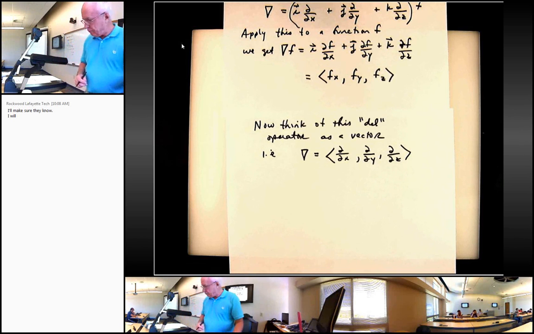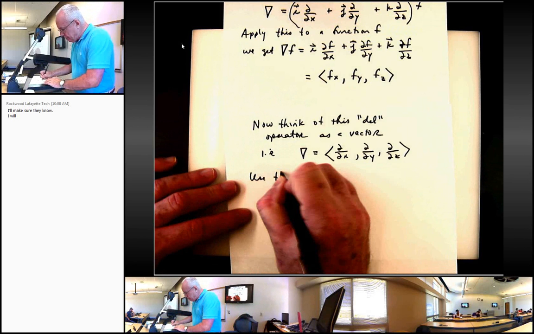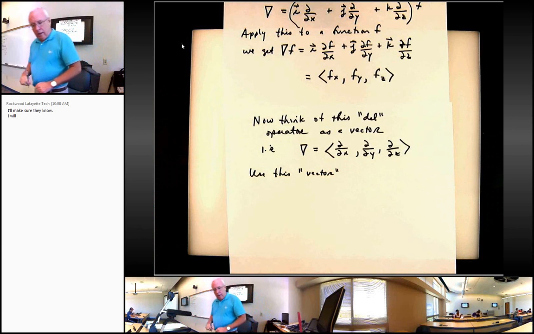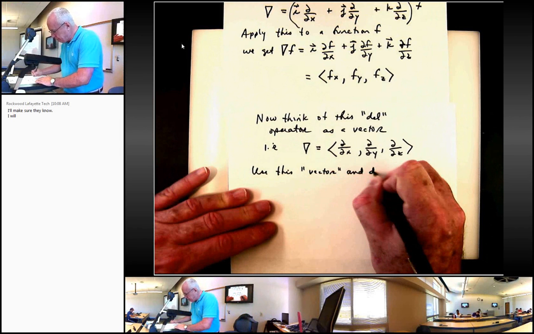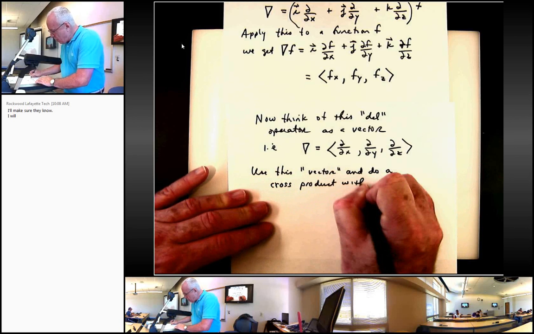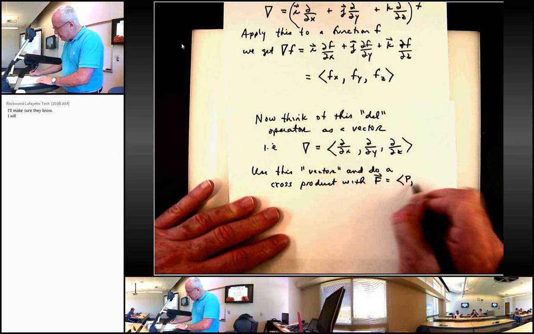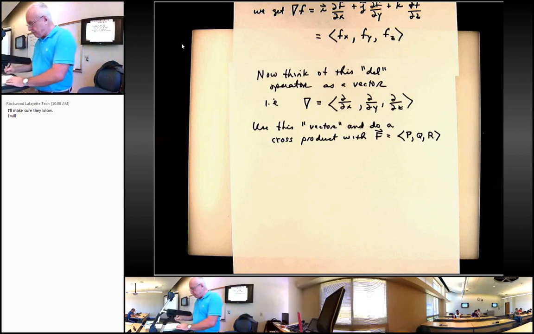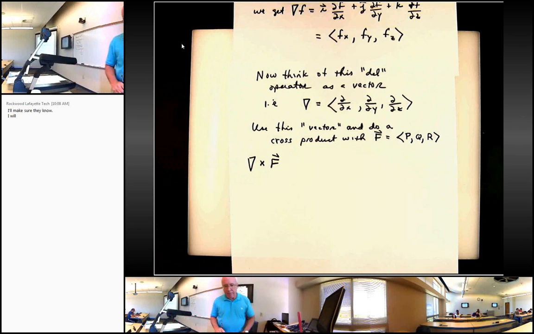What we're going to do here is use this, and I'll put this in quotes, this vector and do a cross product with our capital F, which remember is the vector whose first component is a function P, second component is a function Q, third component is a function R. So let's see what we're talking about here: this operator del cross our vector field F, right?